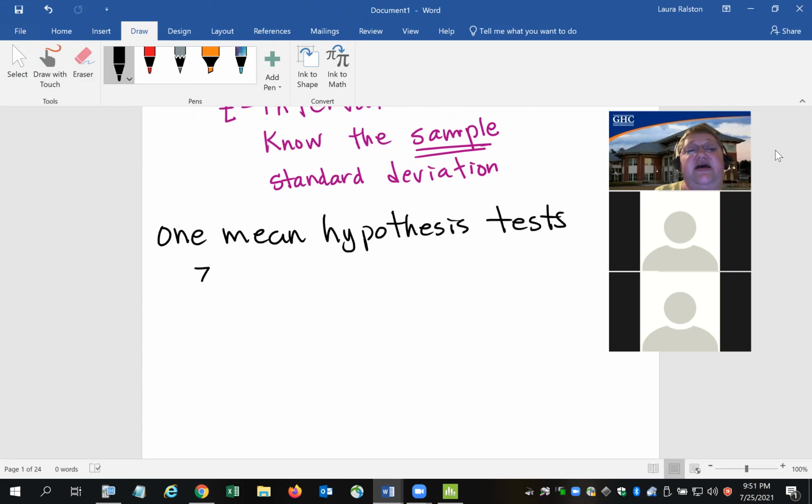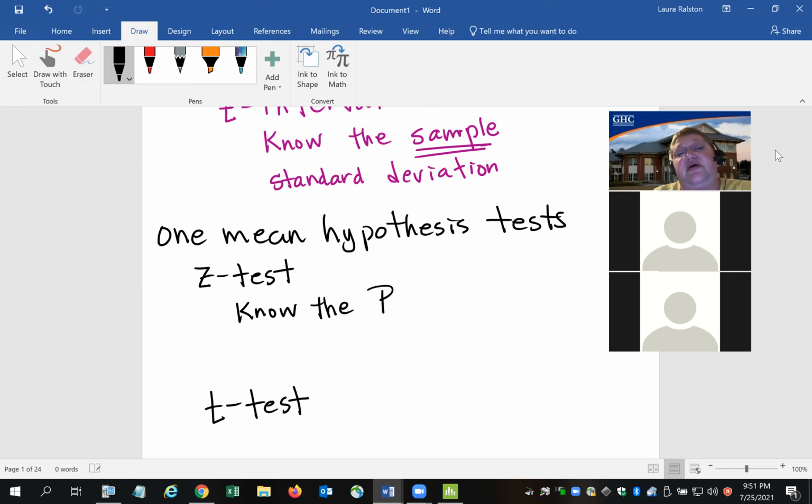You either have a z-test or you have a t-test. We do the z-test if we know the population standard deviation.